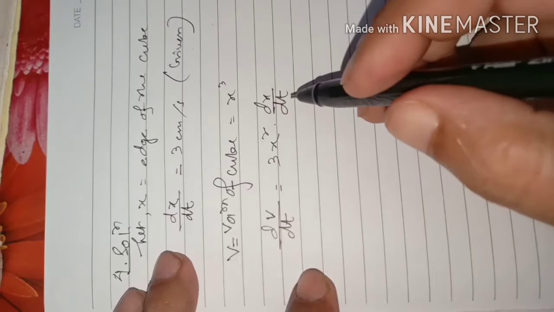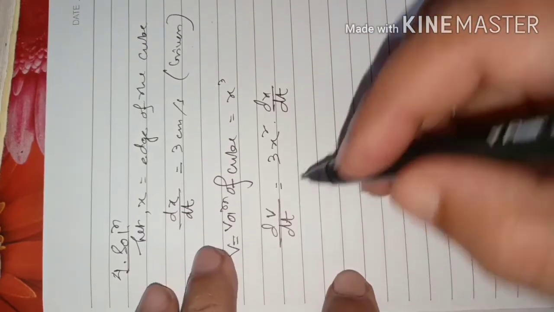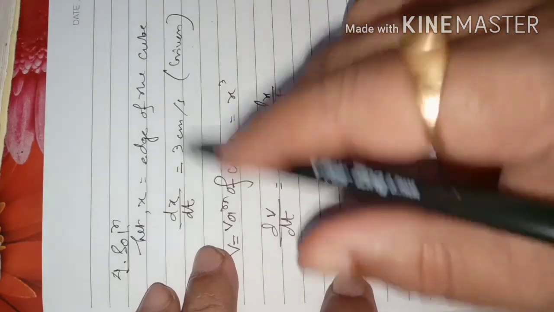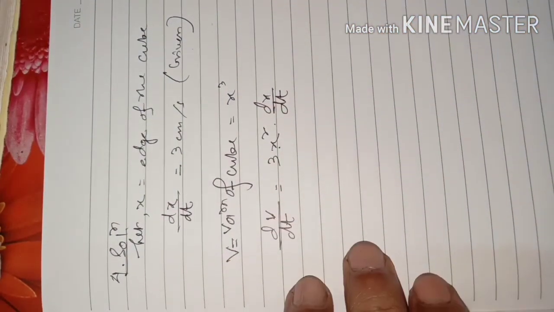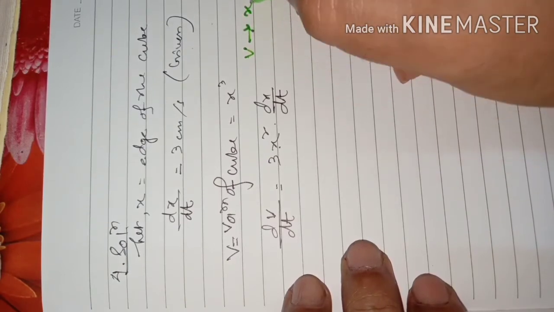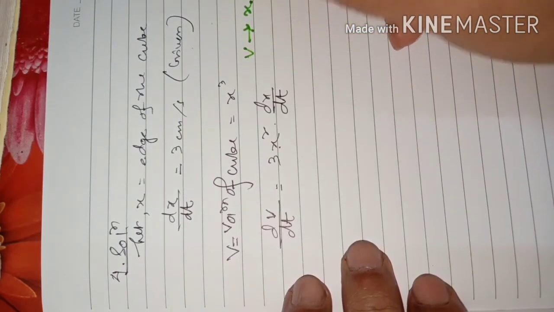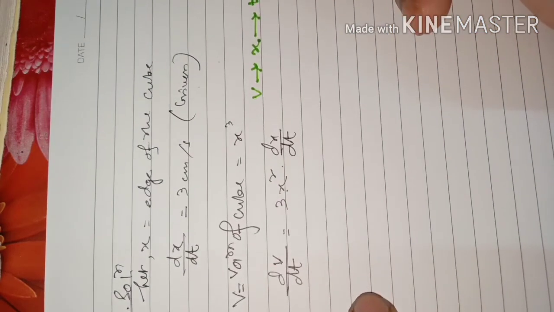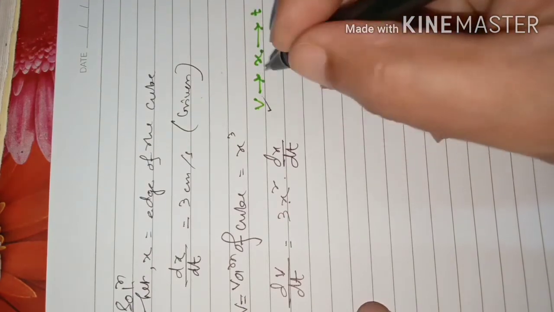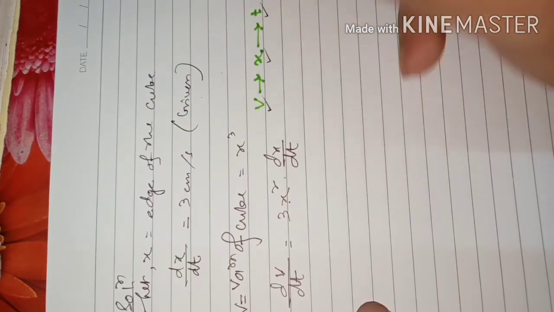Since another variable is also involved there now, volume is dependent on x and x is dependent on t. It is a connection like this. Volume is dependent on side and that side is dependent on time. So there are 3 variables: volume, side, time.